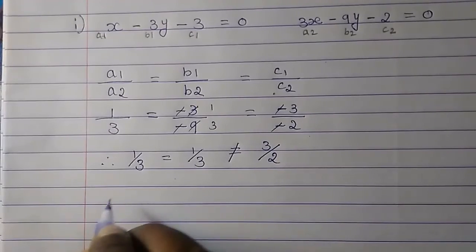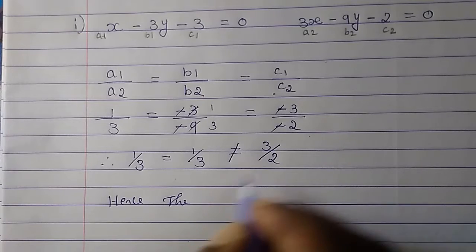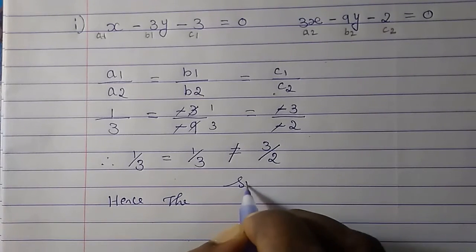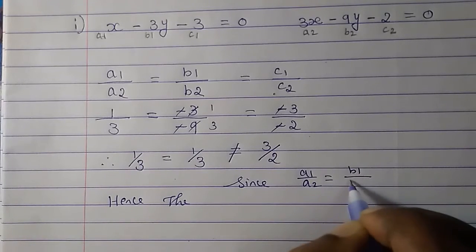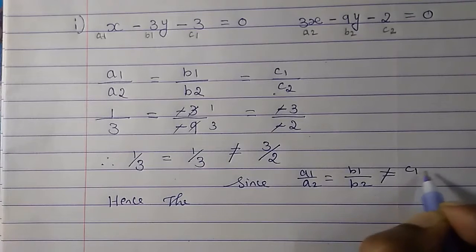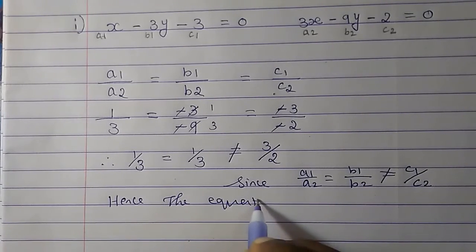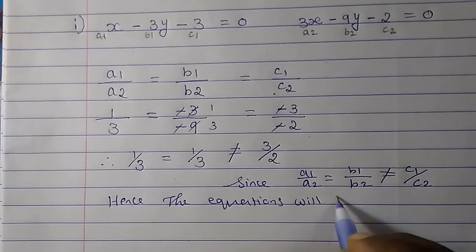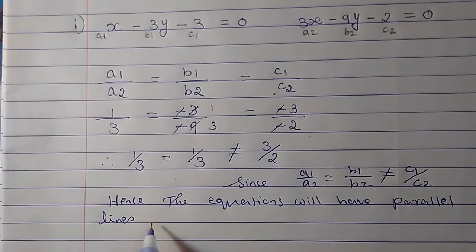Hence, you can write here, since a1 upon a2 is equal to b1 upon b2 and not equal to c1 upon c2, hence the equations will have parallel lines.